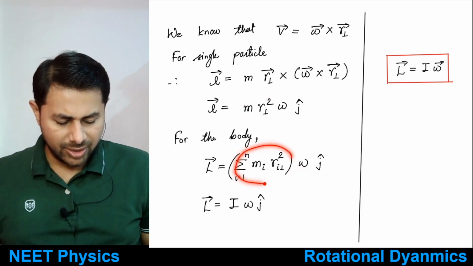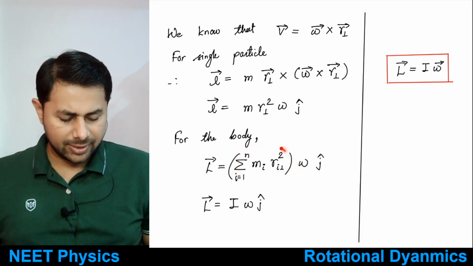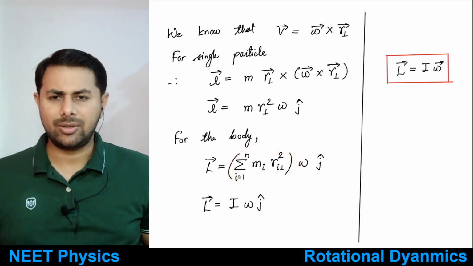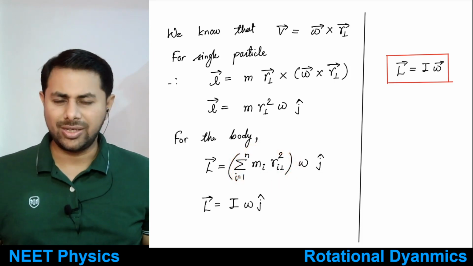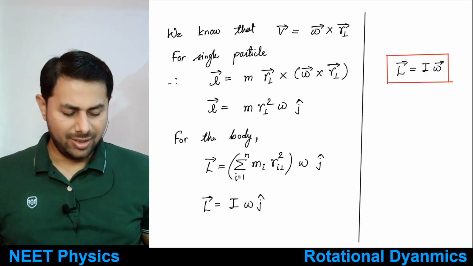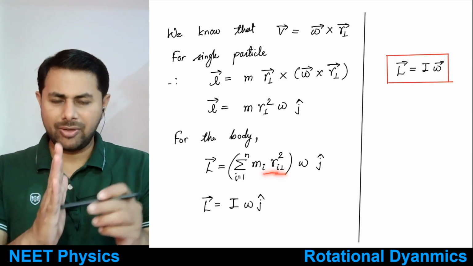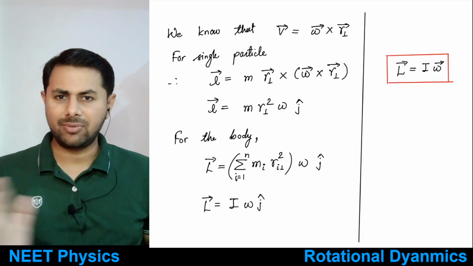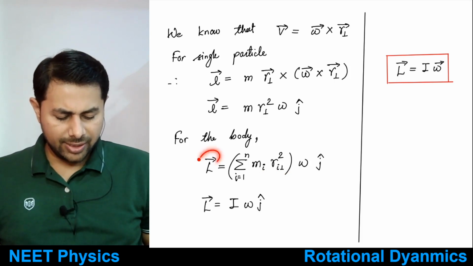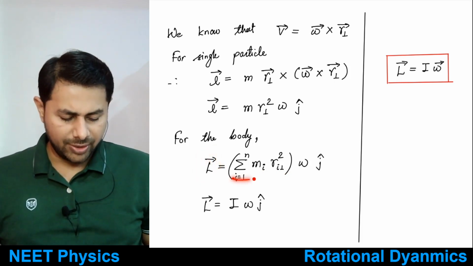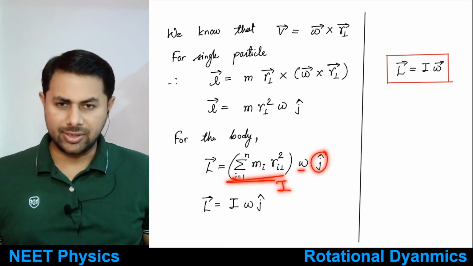And then what is this term? We know that this term is equal to the moment of inertia, which we talked about yesterday, right? What is ri perpendicular? It's the perpendicular distance of a point from the axis of rotation. So then you get angular momentum is equal to I multiplied by omega times j cap, you can say.